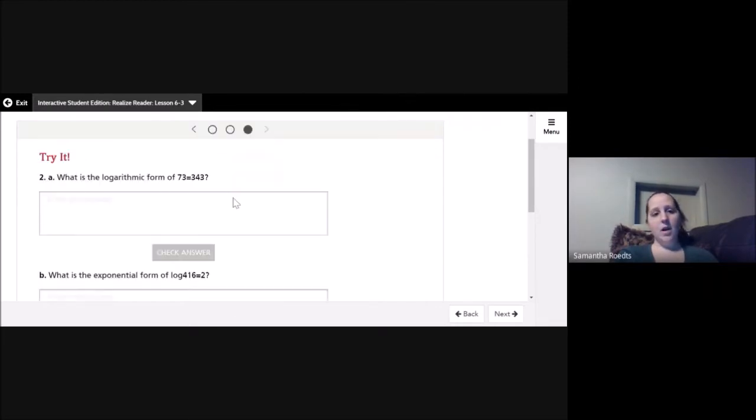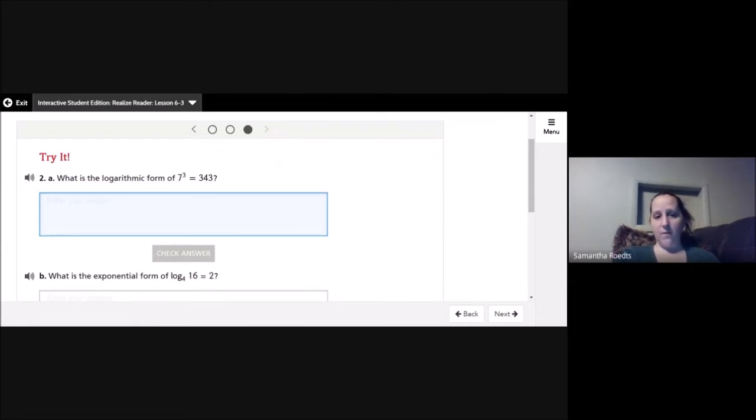All right, so let's try it. What is the logarithmic form of 7 to the third equals 343? So the base is 7, the exponent is 3, and the result is 343. So writing this in logarithmic form, I have log base 7 of 343 equals 3.